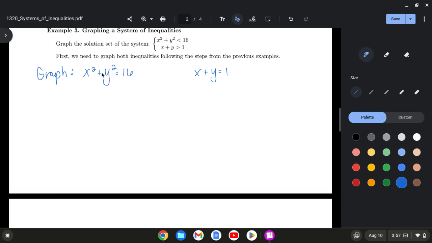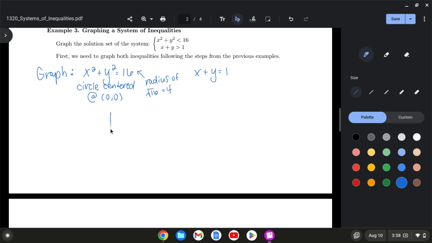And so if I look at this equation here, x squared plus y squared equals 16, that is the equation of a circle. And so this is going to be a circle that is centered at the origin, 0, 0. And this 16, that's the radius squared. So it's going to have a radius of the square root of 16, which is 4.